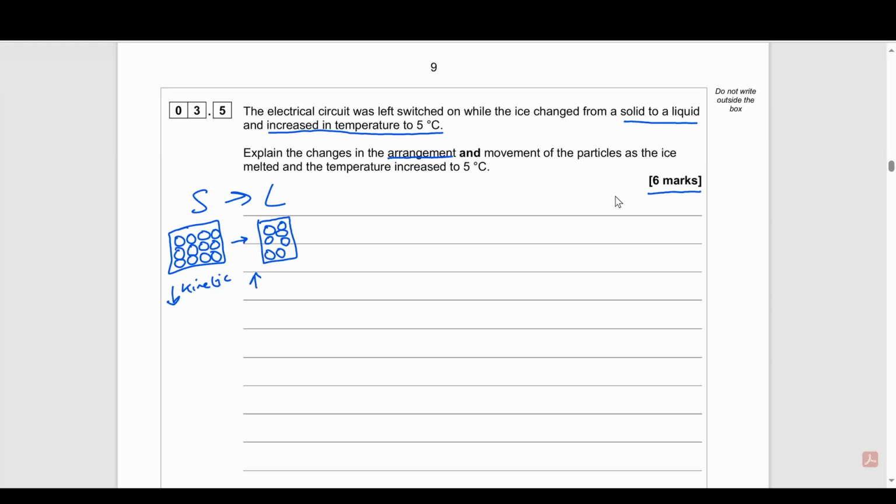So that means not only would they have higher kinetic energy in a liquid, they also have higher potential energy in a liquid. Now, what is that type of energy called, which is a combination of kinetic and potential? It's the internal energy. So in a liquid, the particles would have greater internal energy.